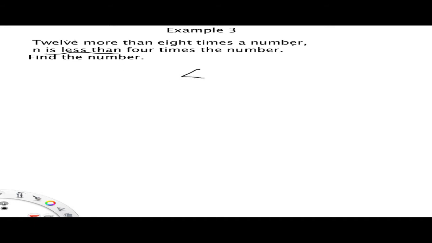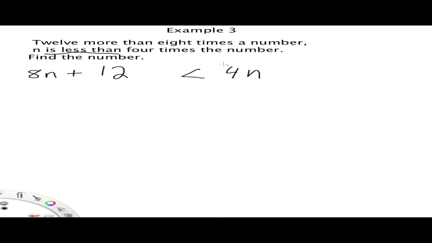And so 12 more than 8 times a number. 12 more is 12 in addition to. And the number is n, so 8 times a number, 8 times n, plus 12 more is less than 4 times the number, that's 4n.